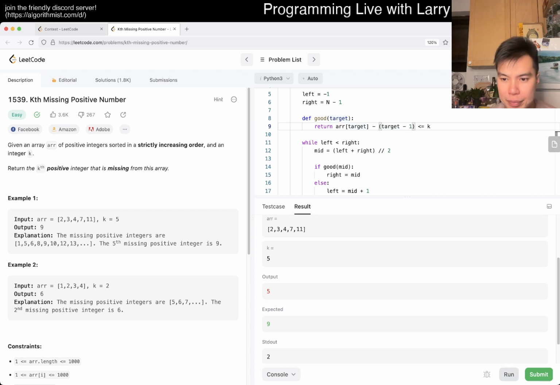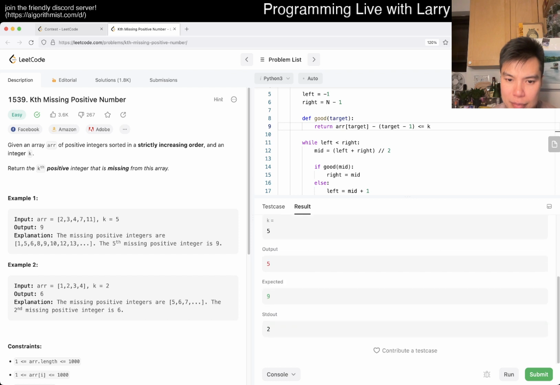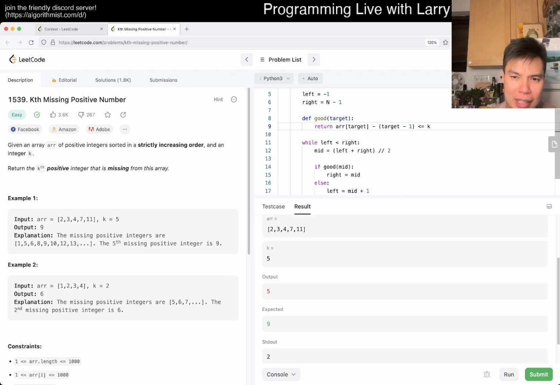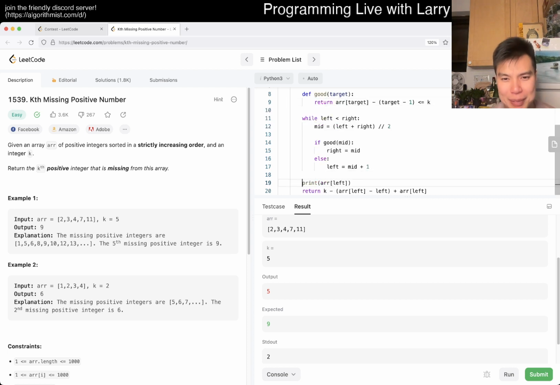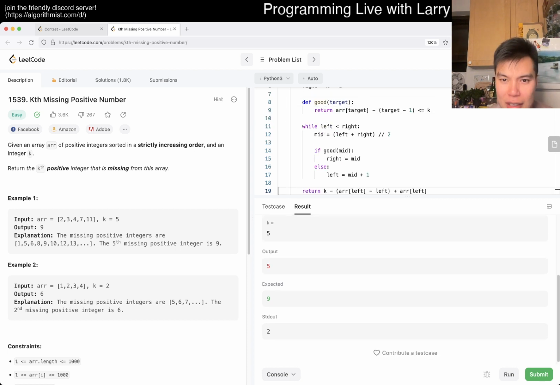I mean, it still is wrong, but at least it should be more precise, because the first number, yeah, okay. I think now this is more precise, but it's still wrong, so that's a little bit sad.